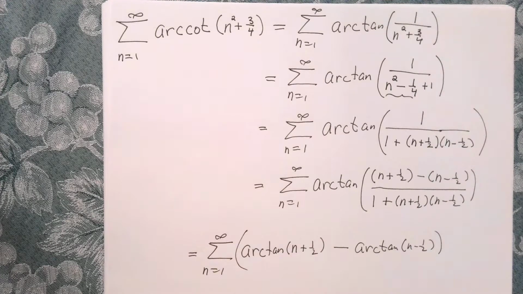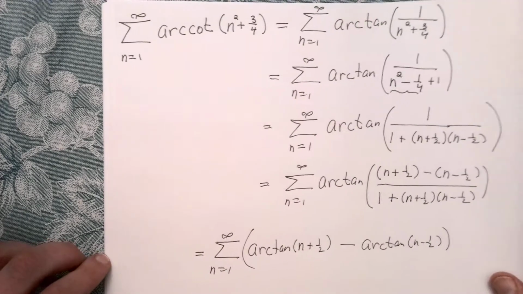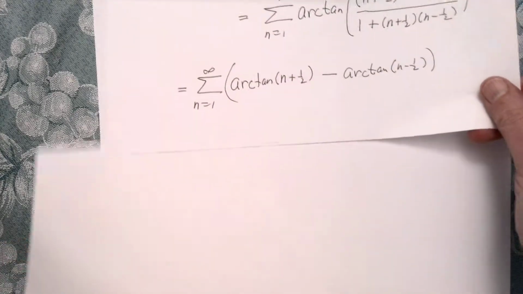And so now we want to see if we could treat this as maybe a telescoping series. So we're going to investigate S sub n, the nth partial sum, and then we hope that some of the middle terms will cancel, and then we'll take the limit at the end to get the sum. Okay, so this seems pretty nice. So our next goal is to investigate S sub n.